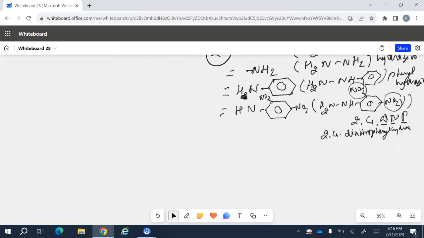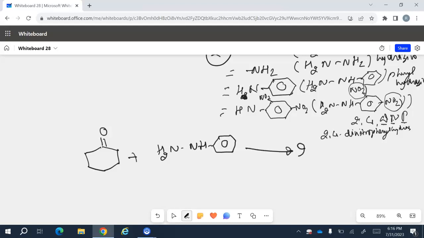Say for example, suppose we are using a ketone, say cyclohexanone, and the reaction that we are using is with H2N NH, say phenylhydrazine. So you are asked, okay, give me what is the product. So how do we do this?